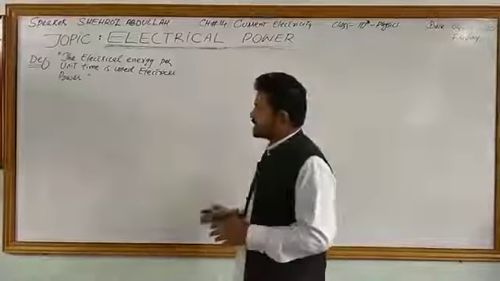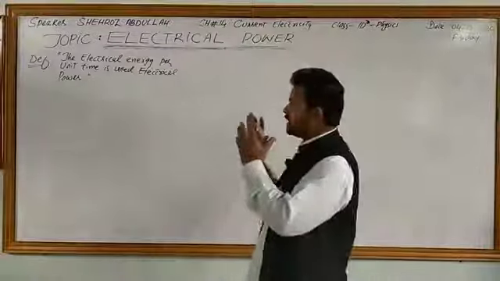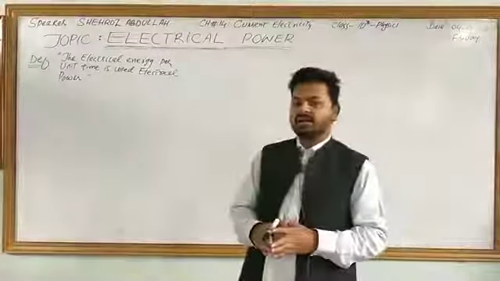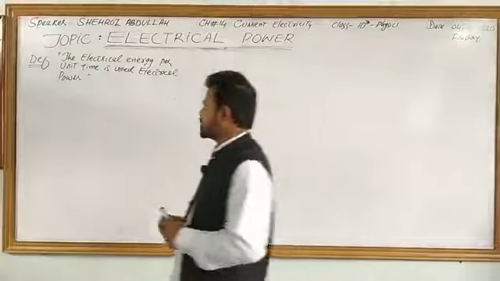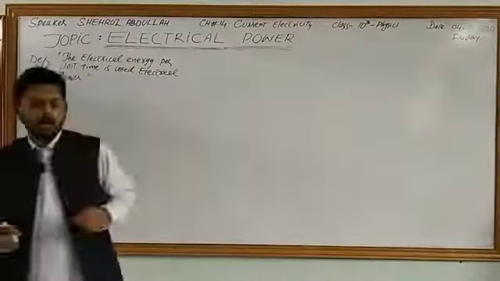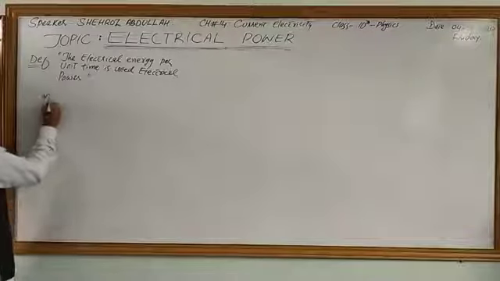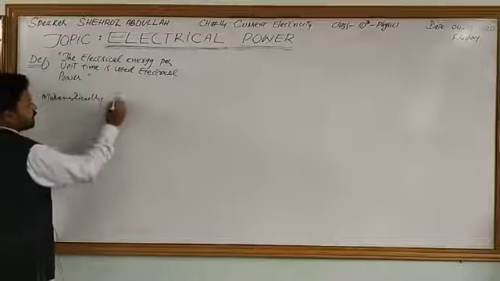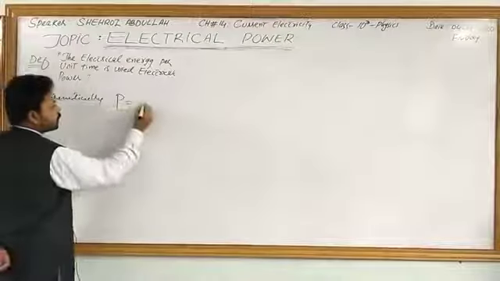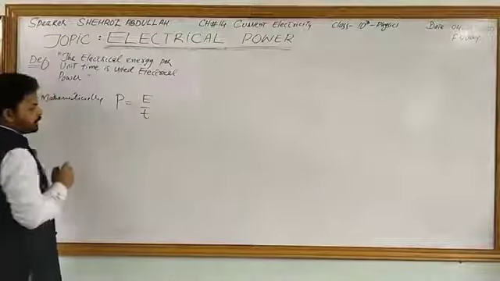Okay, what is electrical power? Electrical power can be defined as the electrical energy per unit time. Electrical energy per unit time is known as electrical power. Mathematically we can write that P is equal to energy by time.